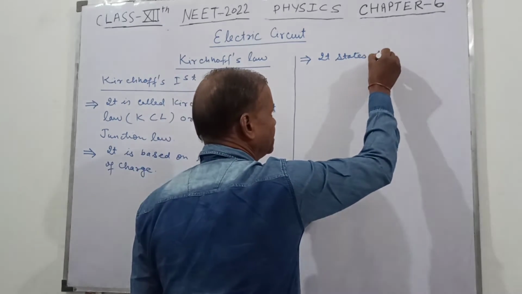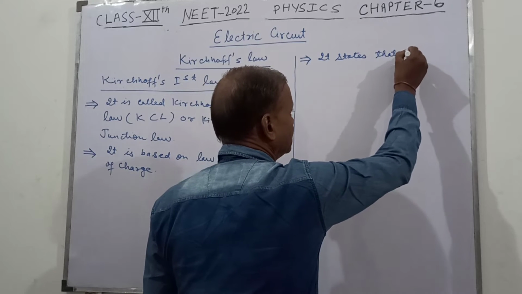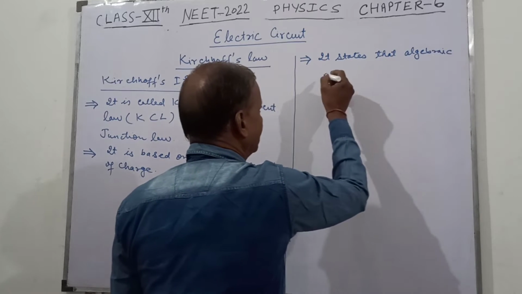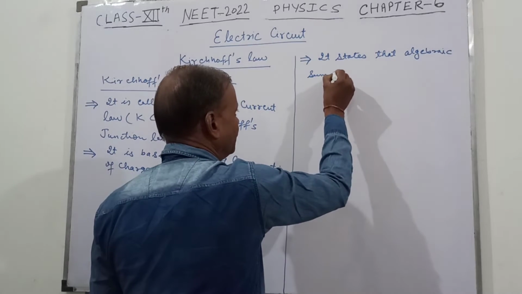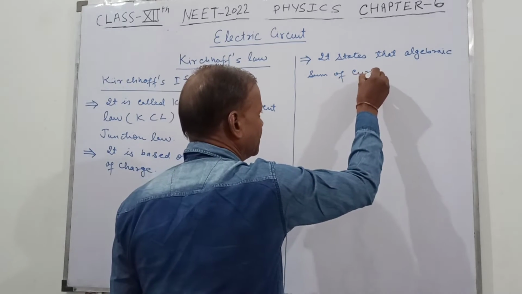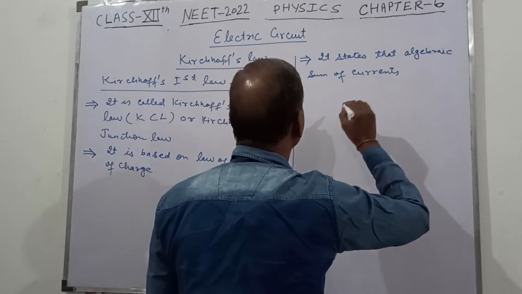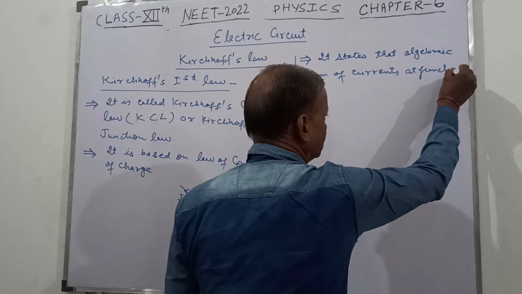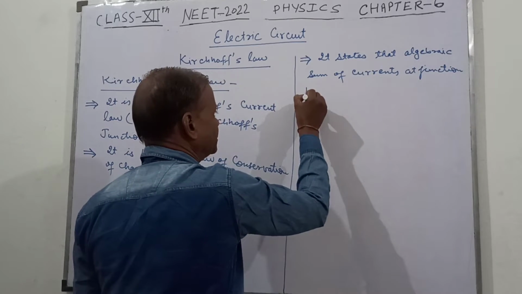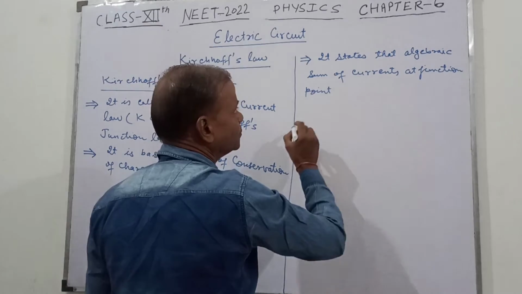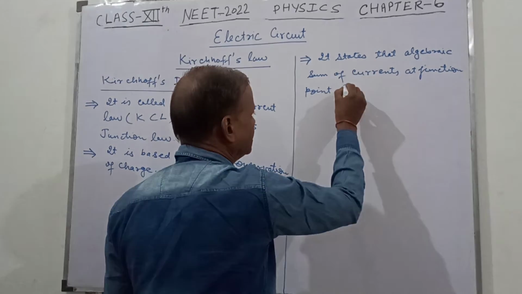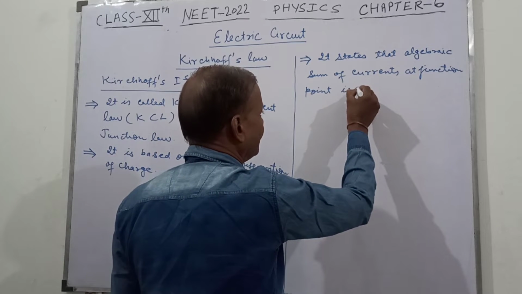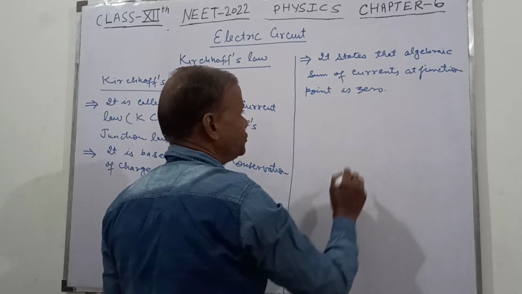It states that the algebraic sum of currents at junction point is zero.